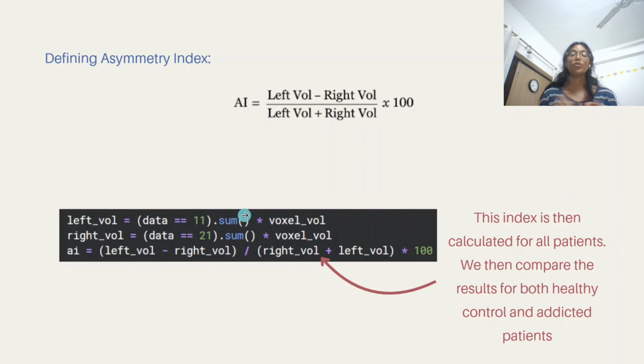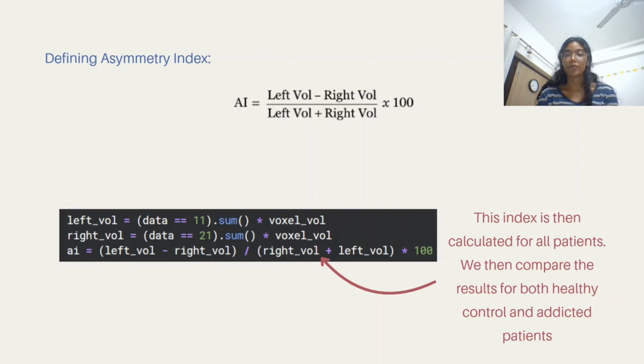I've summed, so I've gotten the total number of left NACC voxels, and I've multiplied it by the voxel volume. This voxel volume I'll move forward in the code to explain how I got it, but it is nothing but length, breadth into height. That's it. Finally, we get our asymmetric index.